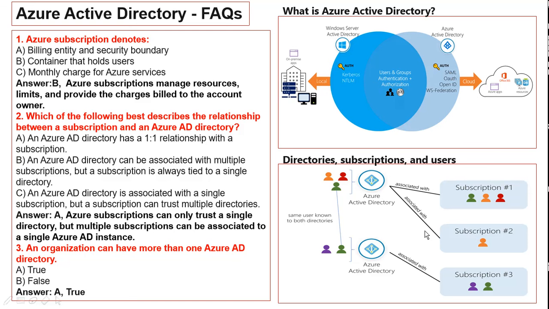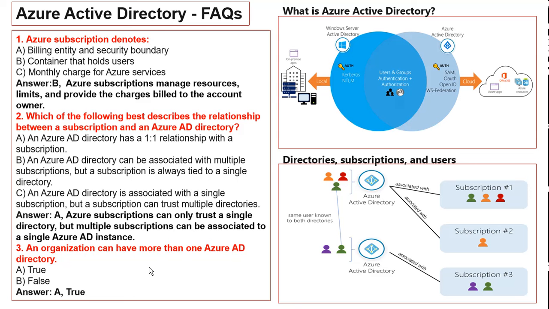The third question is, can an organization have more than one Azure AD directory? Yes, obviously. If I have an organization, it doesn't mean I have only one network. Some groups of networks can be connected under one Active Directory. I have different departments, and each department can be considered as one Active Directory because it might have 1,000 employees, and I don't want to go beyond 1,000 user IDs in one Active Directory.